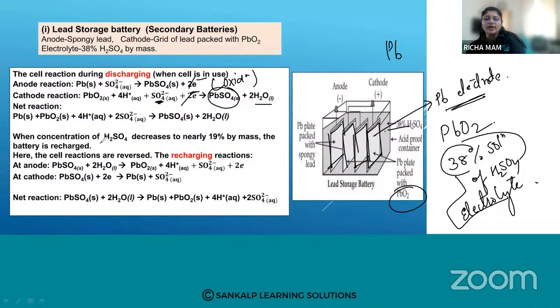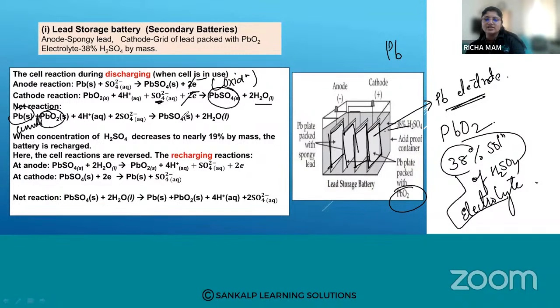What happens on charging? On charging, the battery reaction is reversed. When you are charging, the PbSO4 on the anode and cathode is converted into spongy Pb and PbO2.